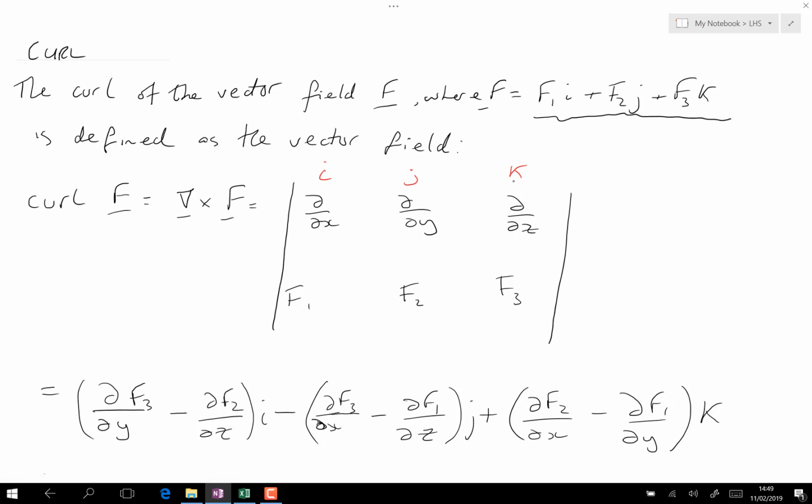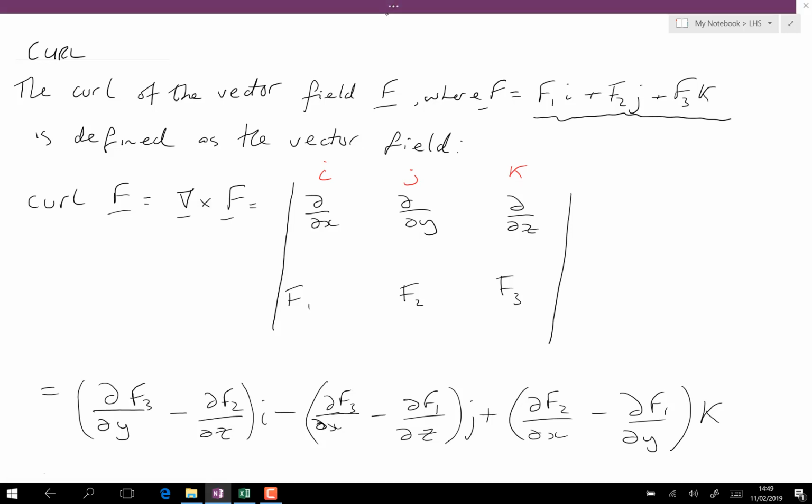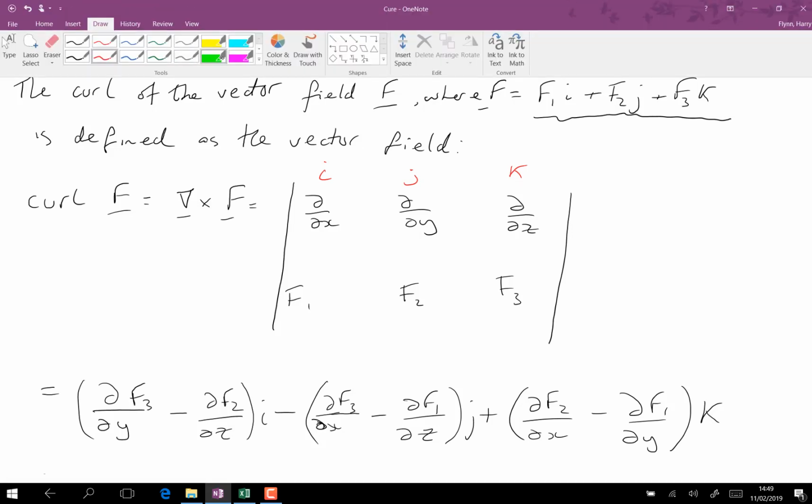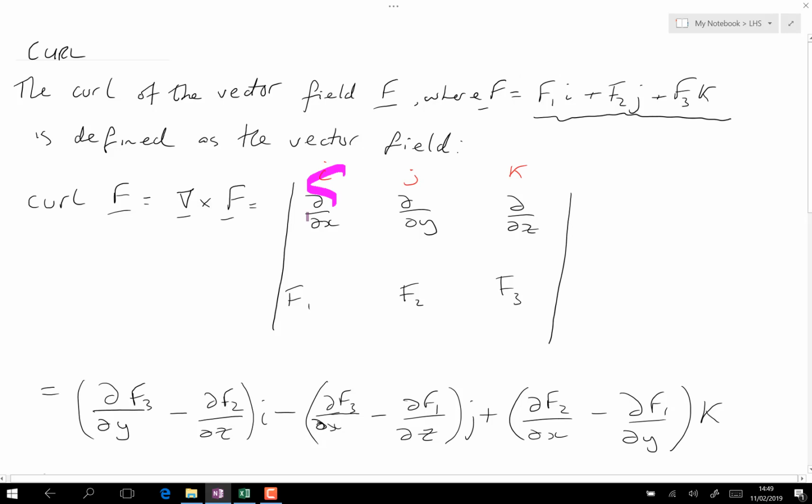Well, just as we saw in previous lectures, to find the determinants of this, we have to start by covering up columns. So if, for example, I wanted to find the coefficient of i, I would cover up this column here, and I'm now left with a 2 by 2. So I would do my AD minus BC, and that would take me to my coefficient for i.